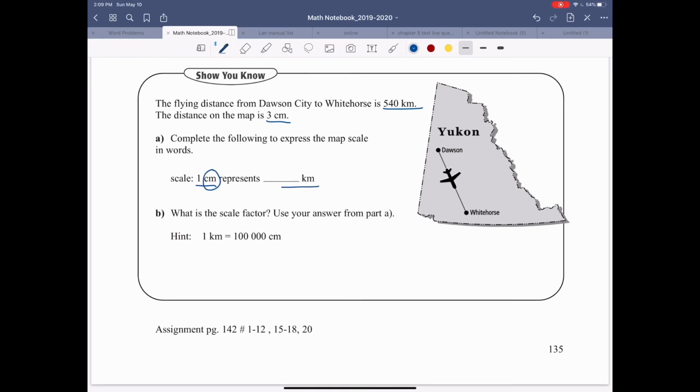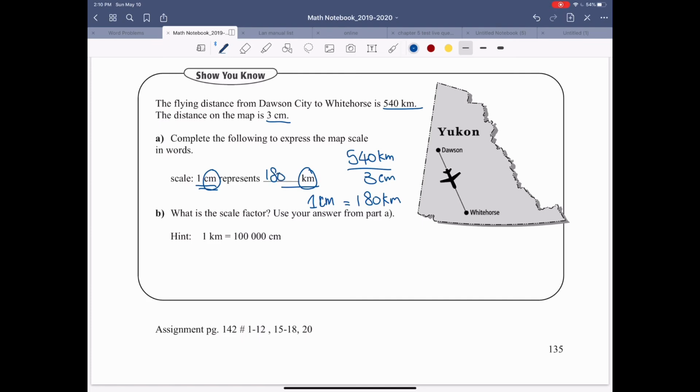They kept the units for you, so you don't have to convert. So you just do 540 kilometers over 3 centimeters. That gives you 180 kilometers. So we are calculating 1 cm representing how many kilometers: 180 kilometers.